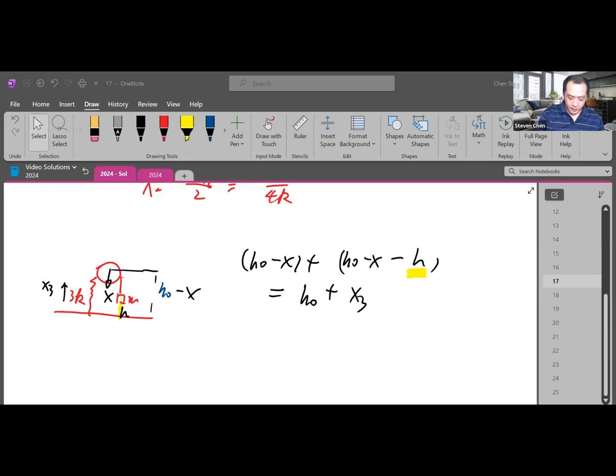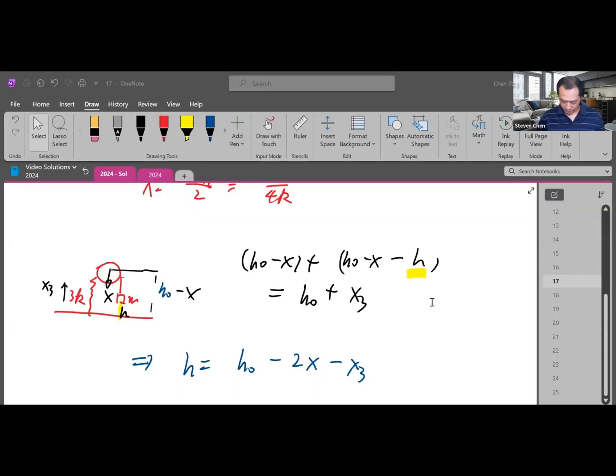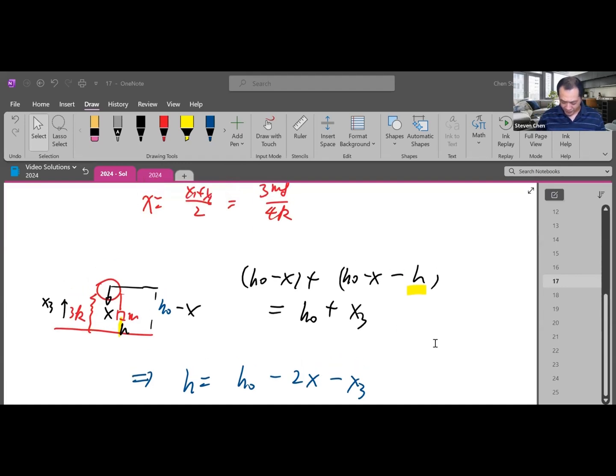Now we are ready to compute h. h is equal to h naught minus twice x minus X3. Let's plug the numbers into this expression.